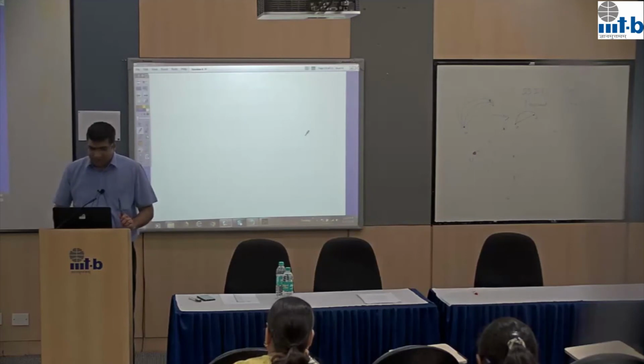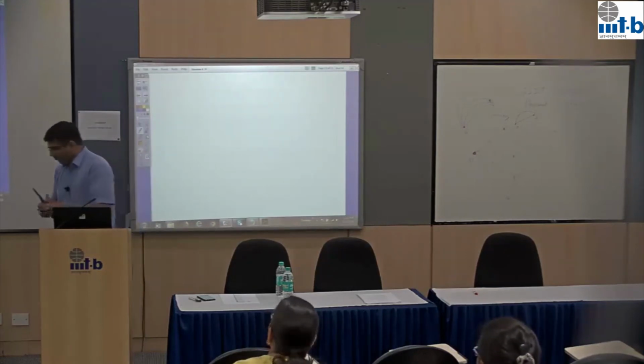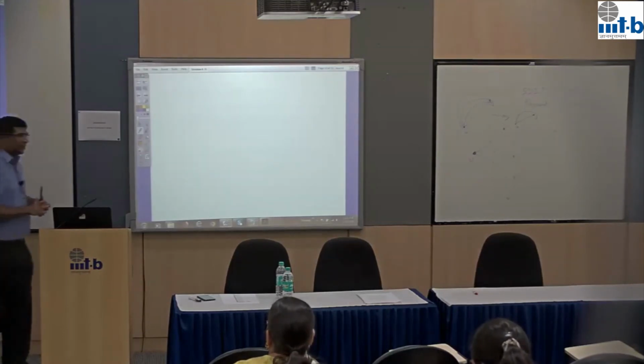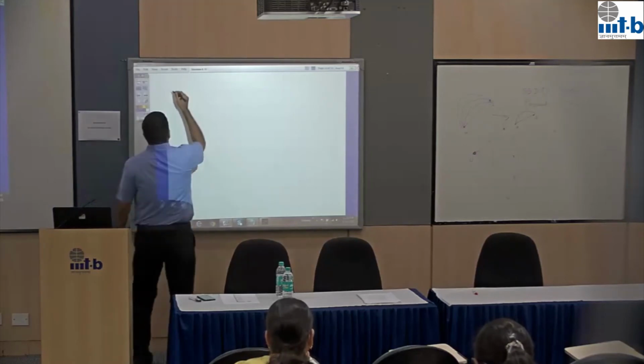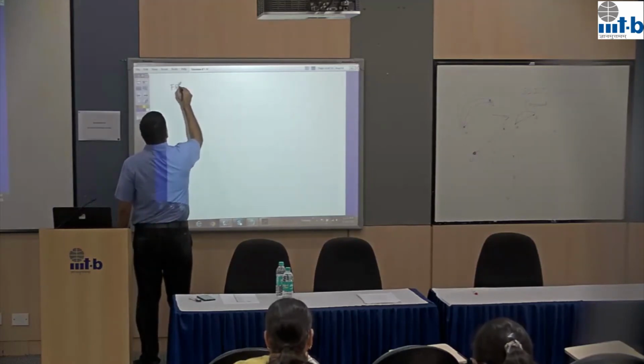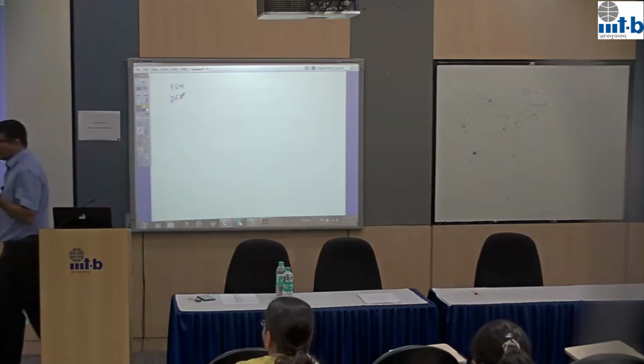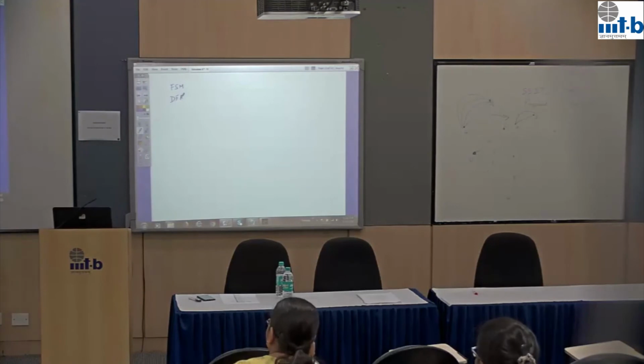There were quite a few basic mathematical models for performing computing. The simplest mathematical model is the finite state machine, also called the DFA. I hope all of you have studied finite state machines to some extent. So what is a finite state machine?